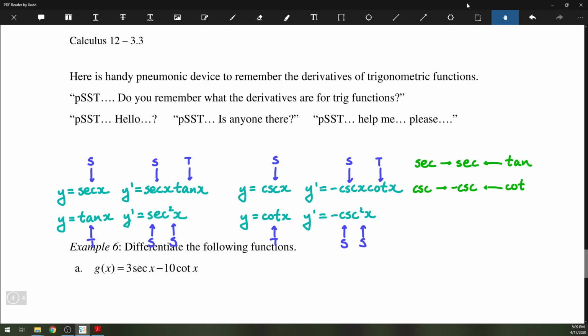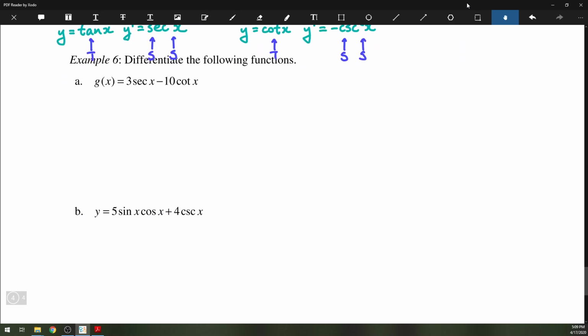So the application of these derivatives, just taking some derivatives here. So the g prime of x would be the derivative of secant x, of course, is secant x tangent x.